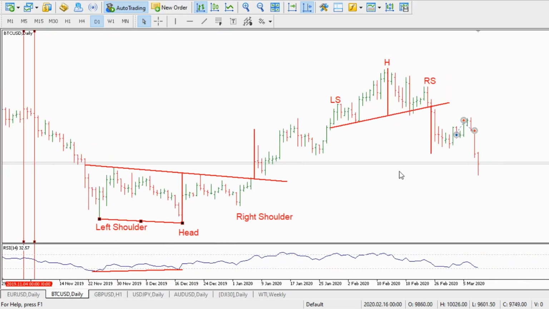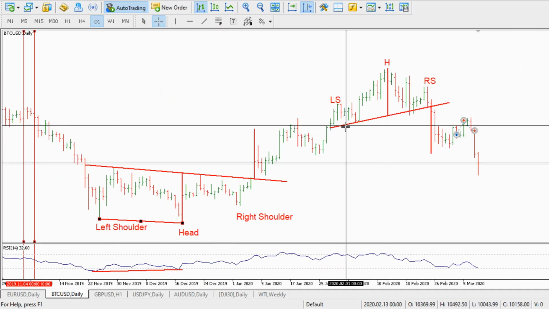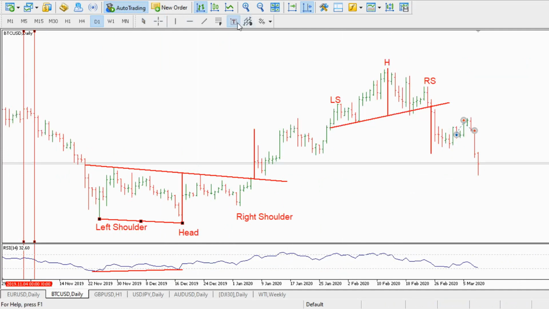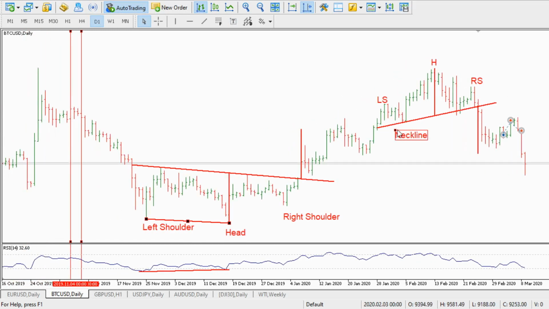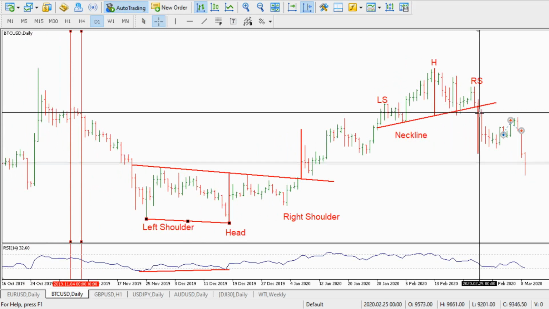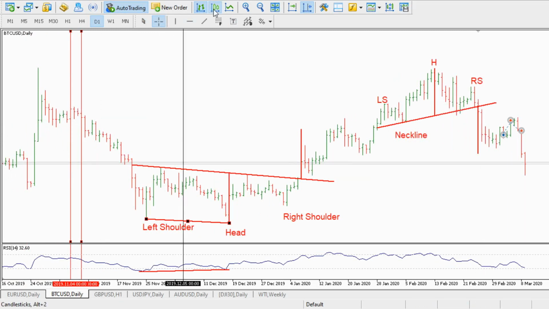Okay, let's take a look at the next example. Here we've got left shoulder, head, and the right shoulder. It's up to us to put here the neckline. Once this neckline is broken, where exactly does this happen?